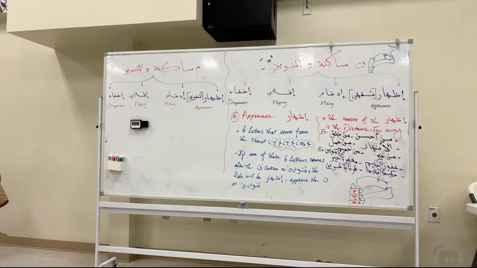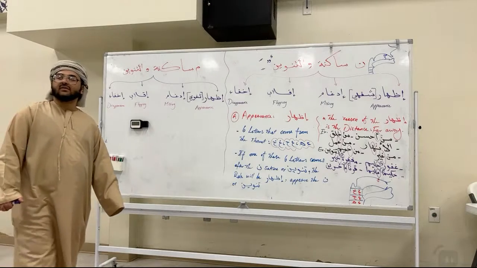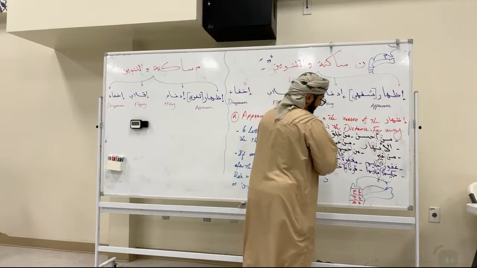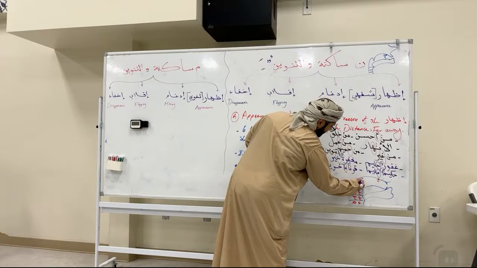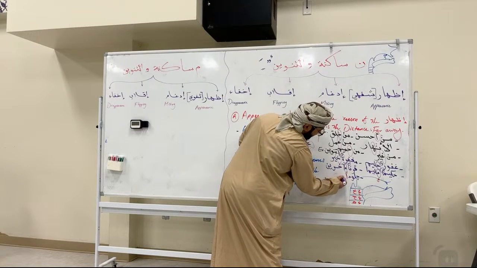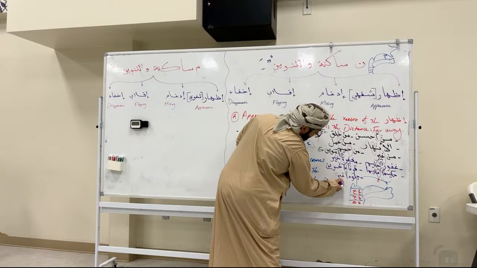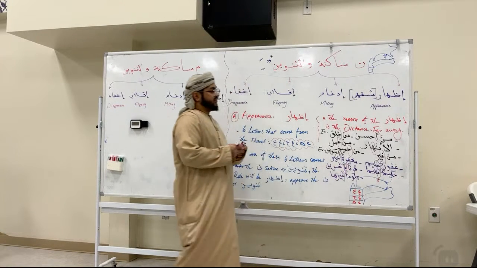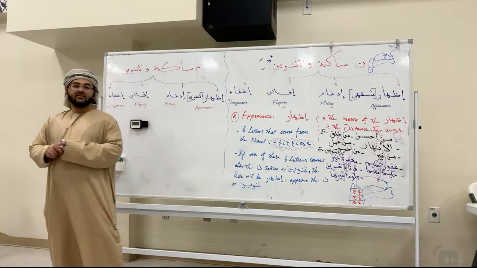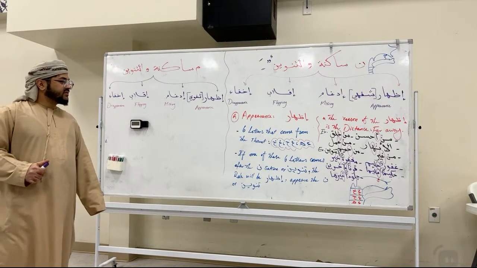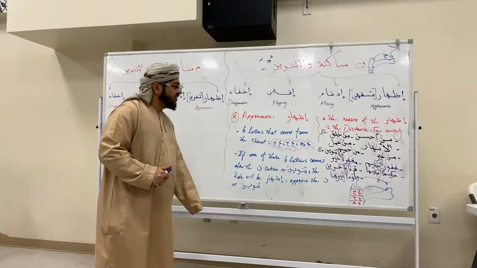جلودا غيرها. That's right. جلودا غيرها. We need ha, right? We got حليم. Where is it, the ha? غفور حليم.